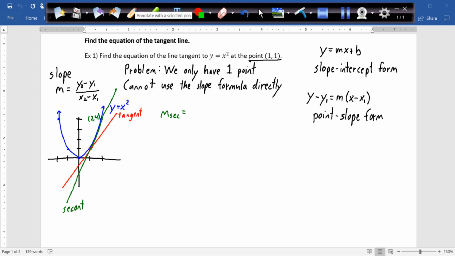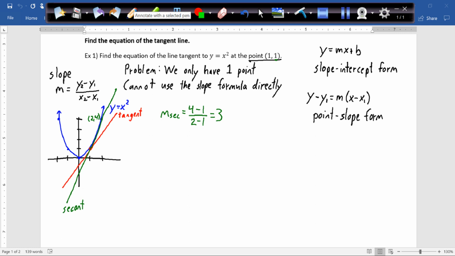So my y value was 4 minus the original 1 that I had up here. y2 minus y1 over x2 minus x1. So 2 minus 1. And what does the slope come out to be? It comes out to be 3. So the slope of that secant line is 3.